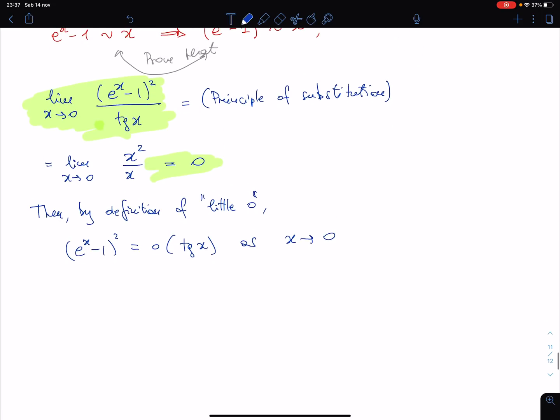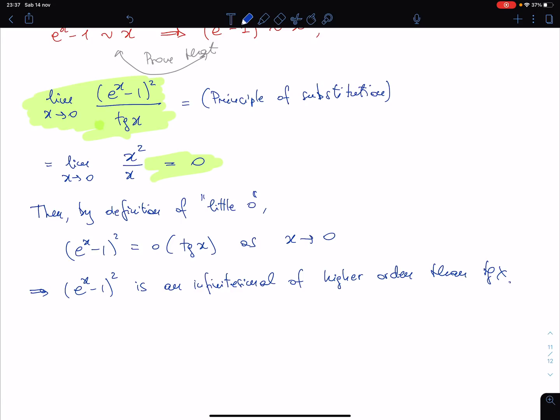Then (e to the x minus 1) squared is an infinitesimal of higher order than tangent of x.